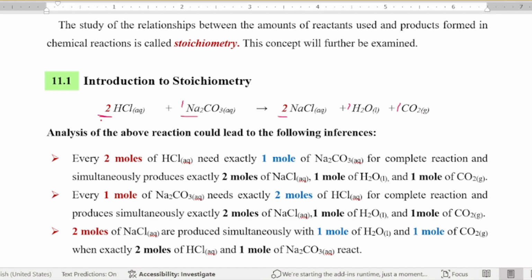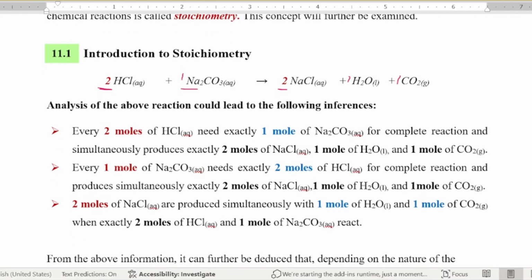That's one way of looking at this. You can look at it from the perspective now of sodium carbonate. We can say that 1 mole of sodium carbonate requires 2 moles of hydrochloric acid, and in the process it will produce 2 moles of sodium chloride, 1 mole of water, and 1 mole of carbon dioxide.